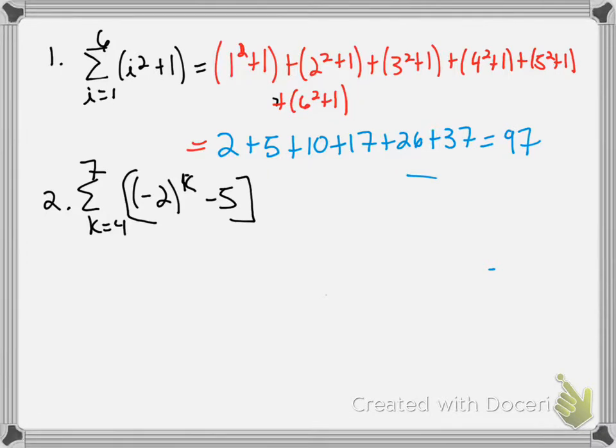So I end up with bracket -2 to the 4th minus 5 plus -2 to the 5th minus 5 plus -2 to the 6th minus 5.